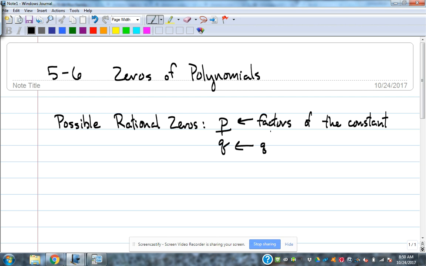Q are the factors of the leading coefficient. So that's the coefficient in front of the highest power.